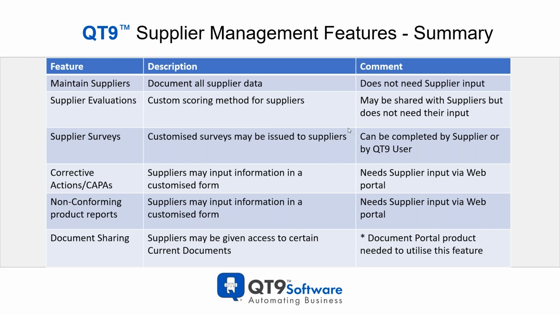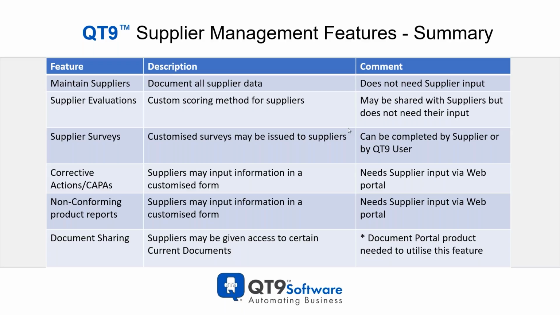So just wanted to give an overview of what we can offer in terms of supplier management and the interaction with the supplier. Some aspects need supplier input and some do not, but the supplier web portal is included for all QT9 QMS customers. It's not an additional product, you already have it. We have the Maintain Suppliers module where we can record all of our supplier data.